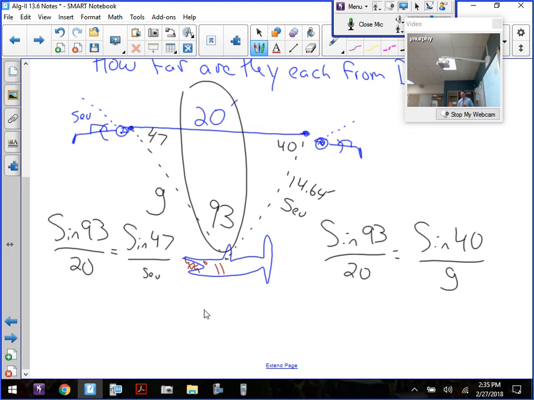Hope he can swim fast. And then Mr. G would be 20 sine 40 divided by sine of 93. I hit the wrong button.